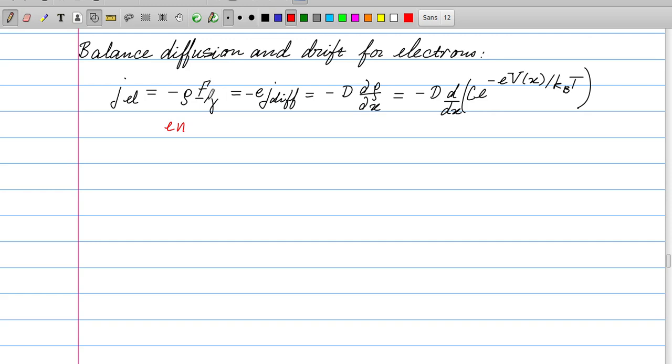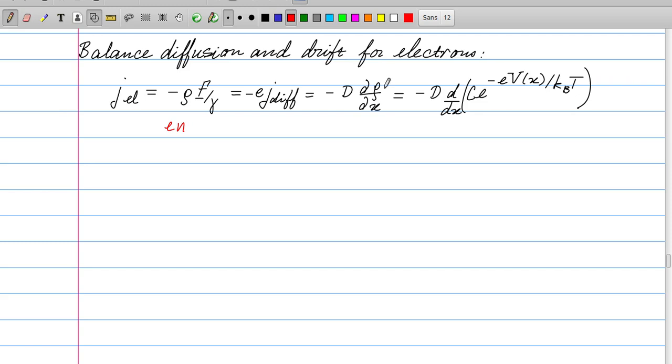F over gamma was the velocity, as we have seen before, and if you multiply the charge density by the velocity, we get the electric current. That's equal to minus e times the diffusion current. Normally the diffusion current is a number current, and because I want to relate it to the electric current, I have this extra factor of e.